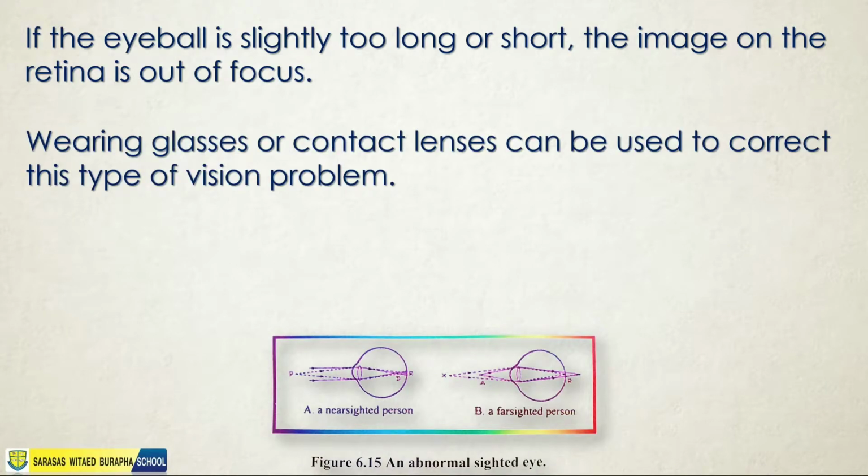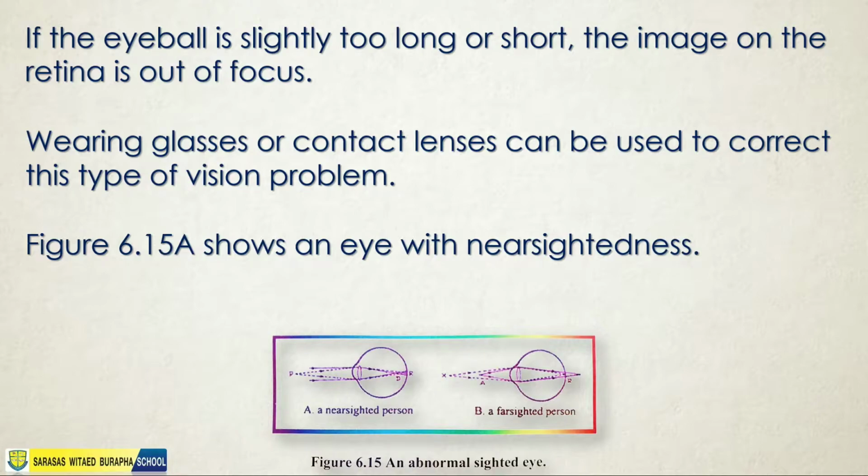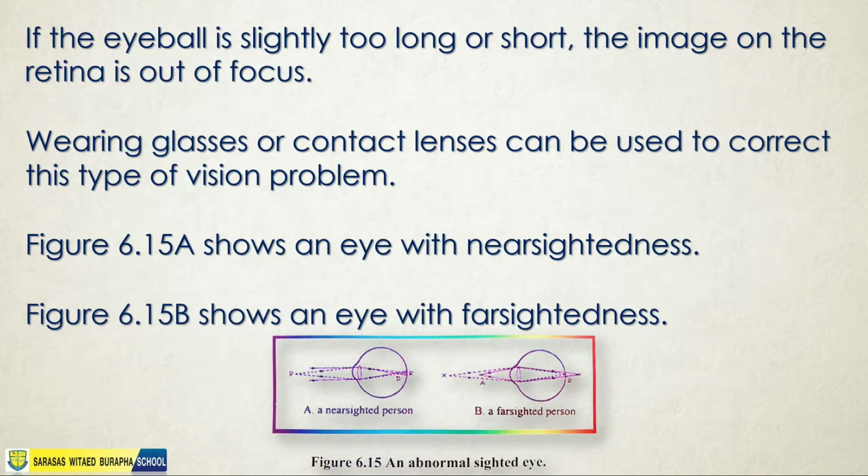Wearing glasses or contact lenses can be used to correct this type of vision problem. Figure 6.15a shows an eye with nearsightedness, while figure 6.15b shows an eye with farsightedness.